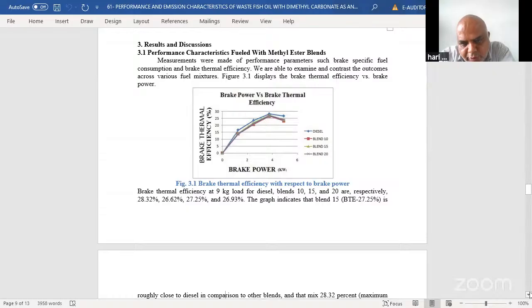In order to improve the efficiency, it is suggested to go for an oxygenated compound like dimethyl carbonate, so that whatever loss is happening with the lower calorific value, we can compensate to a certain extent, so that we will gain in the brake thermal efficiency of the fuel. So that is what is happening with respect to the brake thermal efficiency performance of the diesel engine. Next slide.